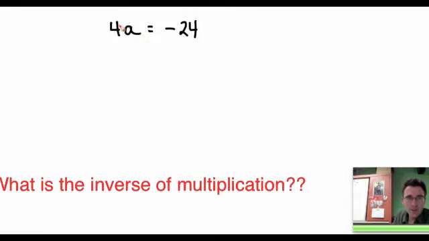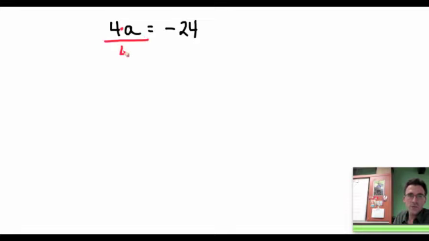We know that this is multiplication. The inverse of multiplication is division, and we are going to divide by 4. And we'll do that on the other side as well. The 4's cancel each other out, leaving us with an a, and negative 24 divided by 4 is negative 6.